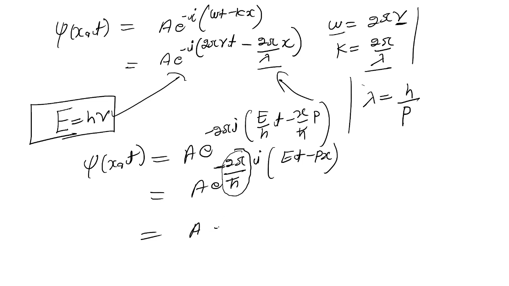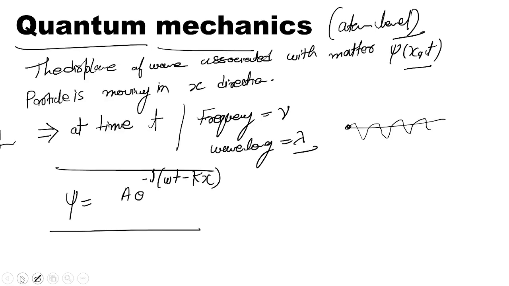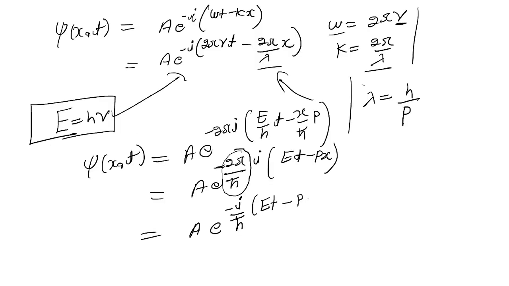So this becomes e to the power minus I over h bar, E t minus p x. This is the final expression for the wave function of a particle in the microscopic study, or in quantum mechanics.